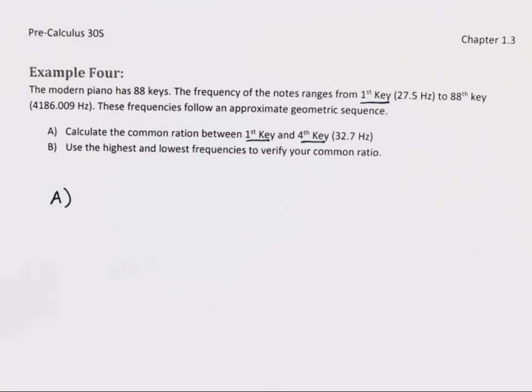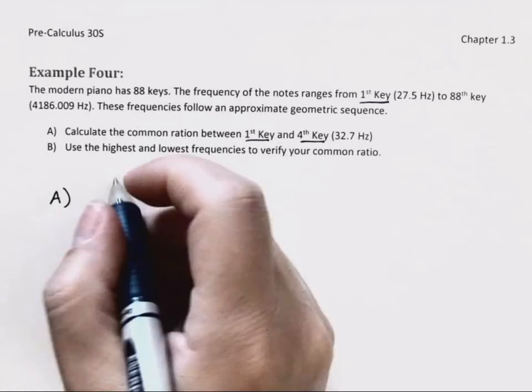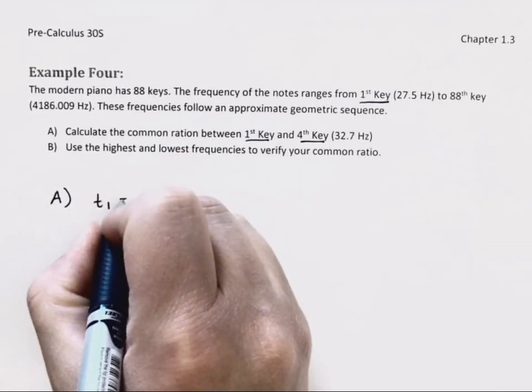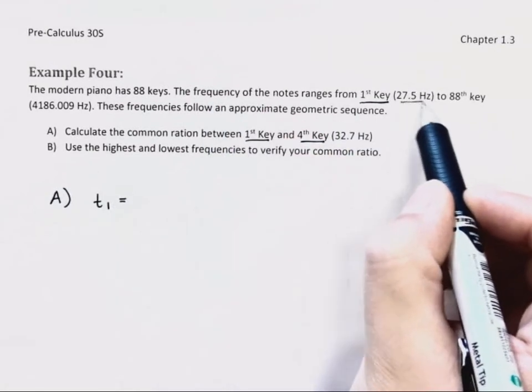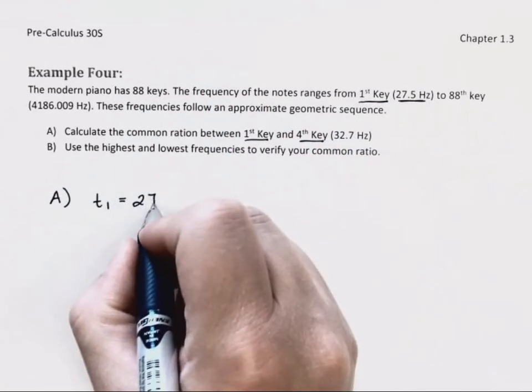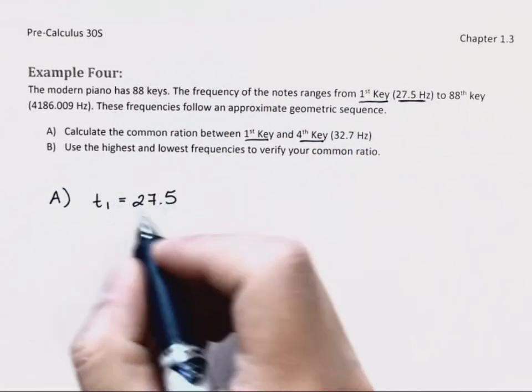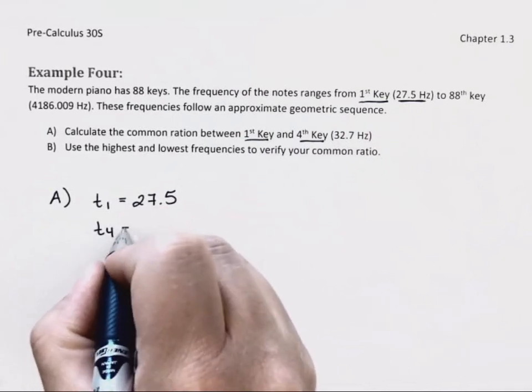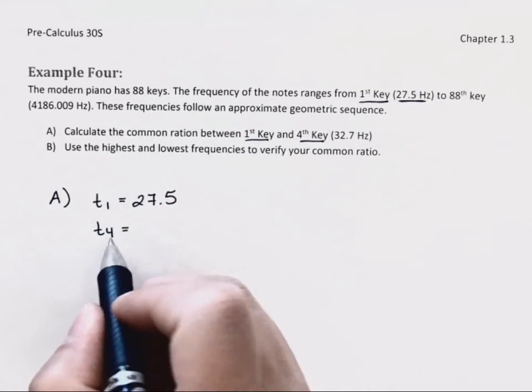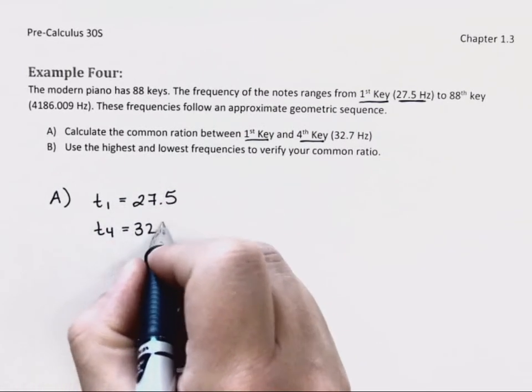Easy peasy. So we're gonna do hertz. So we know that T1 has a frequency value of 27.5. We know that T4, so that's your Tn, that's your last one, is 32.7.